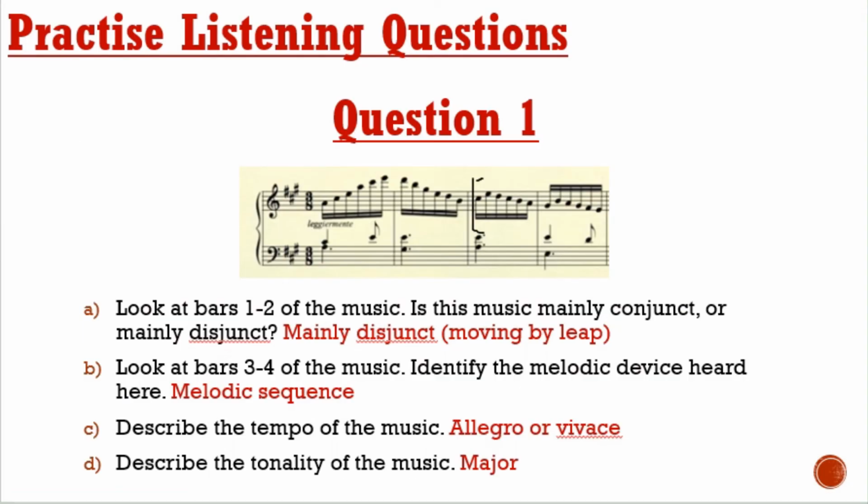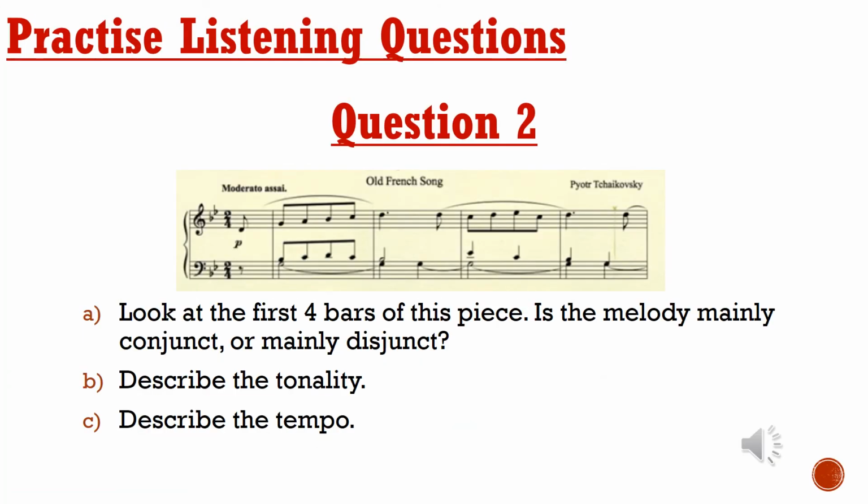That was question 1. Okay, now moving on to question 2. You've got 3 parts to this question. So firstly, you're saying if the melody is mainly conjunct or disjunct, then you're looking at the tonality and then the tempo. So here is the extract for the first time.